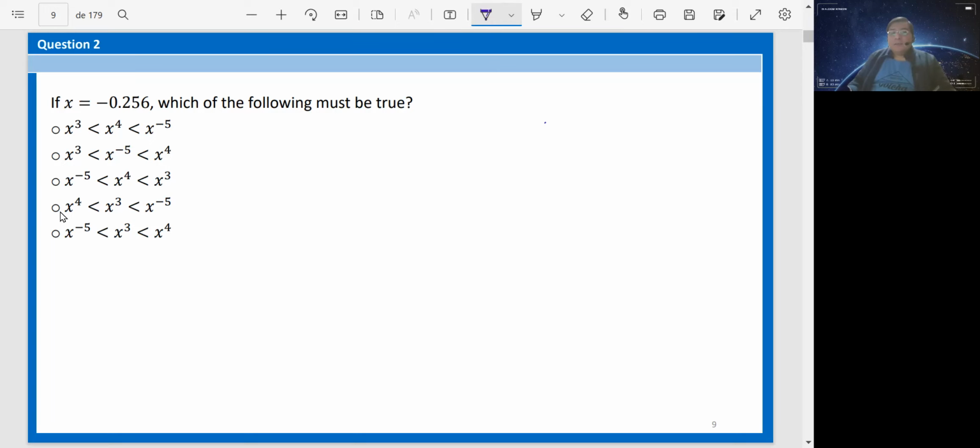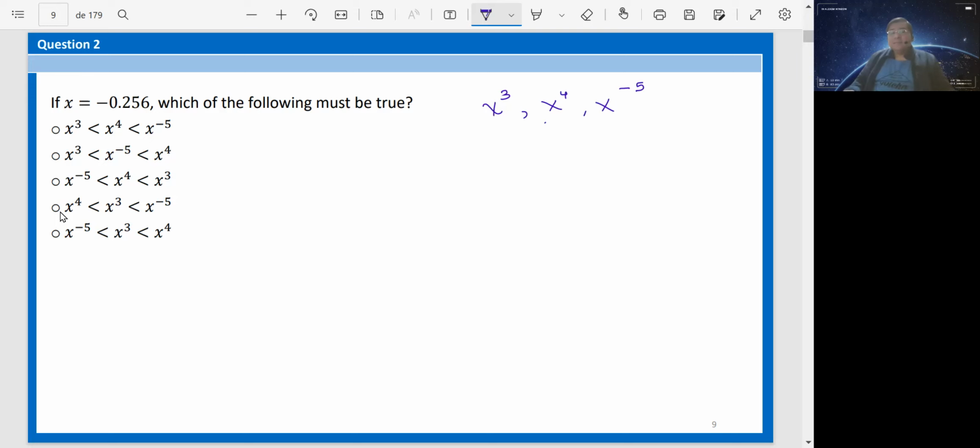Obviously, we need to pick one of the 5 answer choices, which is mandatory in the problem solving question format. But as we examine the answer choices, we can notice that all alternatives include the same 3 algebraic expressions: these 3 powers of the number x: x cubed, x to the 4, and x to the negative 5.